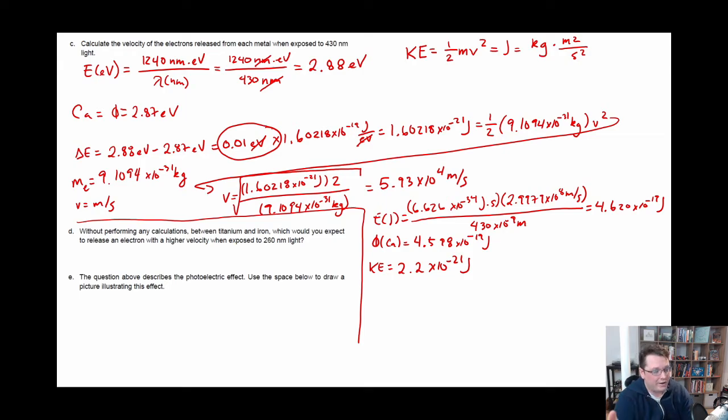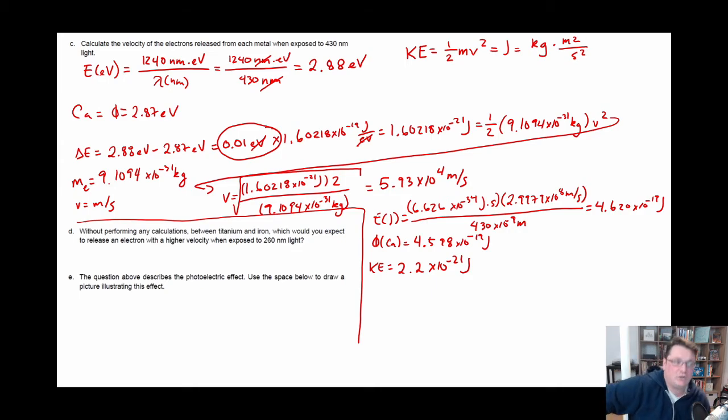Whereas if you convert everything into joules first and then do the subtraction, what you get is 2.2 times 10 to the negative 21. But if I were to use sig figs properly, both of them would come out to simply 2 times 10 to the negative 21 joules. I would have gotten the same answer.